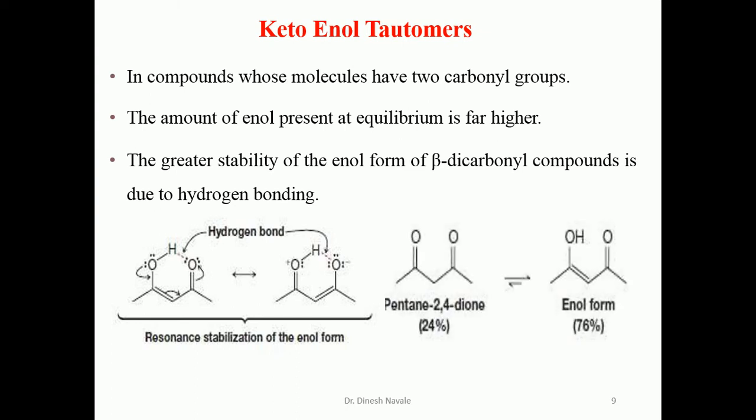In this 1,3-dicarbonyl compound, we can easily see that enol is 76% and keto form is only 24%. The reason behind this is that the hydrogen attached to the oxygen can easily form a 6-member ring with hydrogen bonding, and that hydrogen bonding makes the enol more favorable for such compounds.